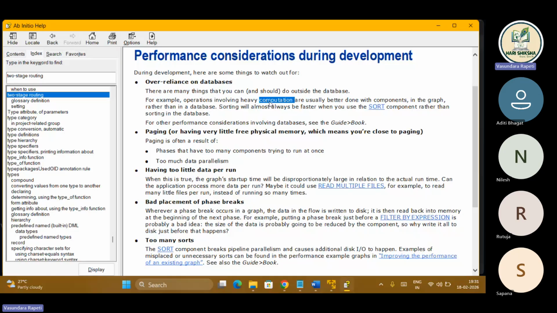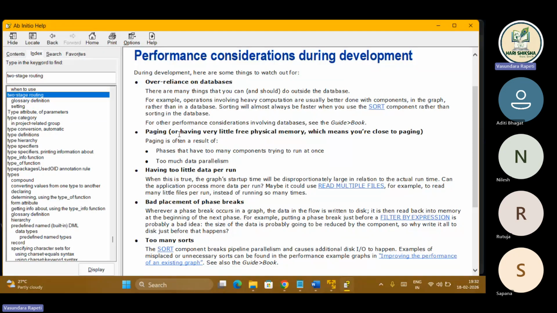One is the compute process, which eats the CPU. Compute means doing computing, mathematical operations, algorithms. All mathematical operations and algorithms eat CPU, right?